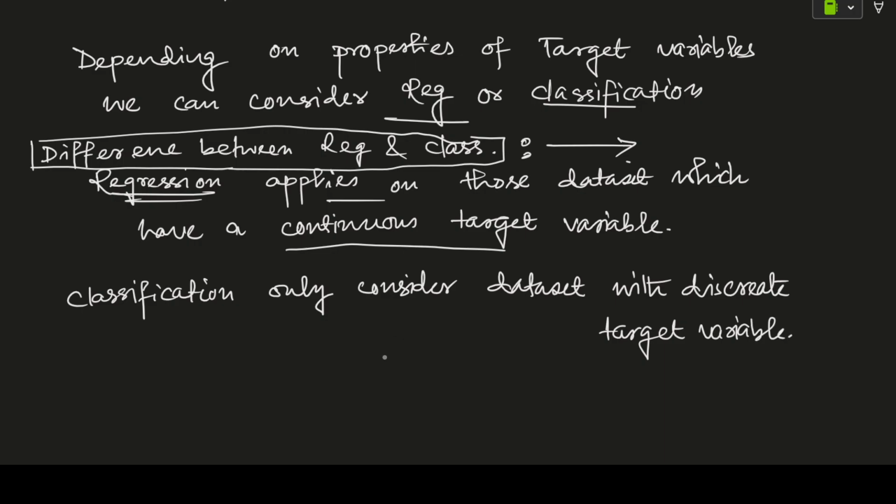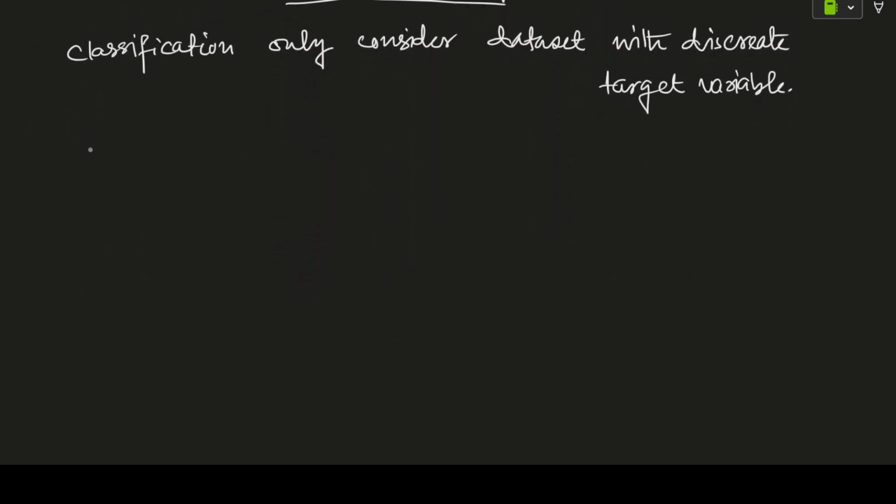Okay friends, one term is also there. When we say discrete target variable, sometimes it is also called categorical target variable. Why? Because if we have some images, we have to predict is it a dog or a cat.